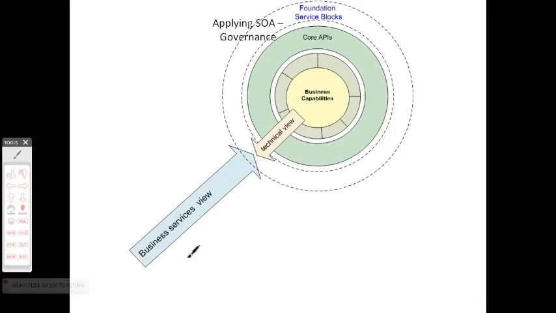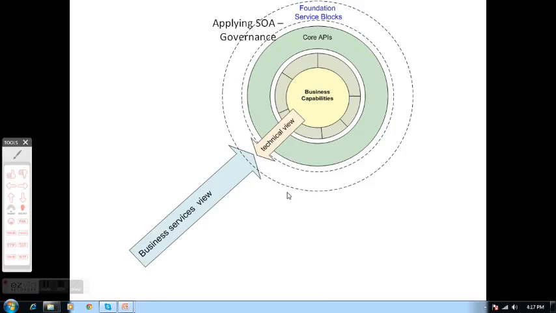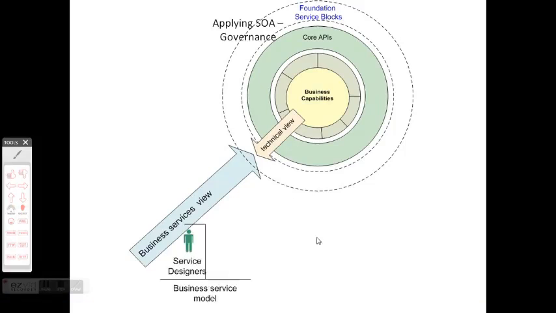That means how our organization sees our services in terms of business operations, and how they relate to our individual businesses, exposed by the technical view. The view of the business services is basically understood and implemented by service designers as a business service model.